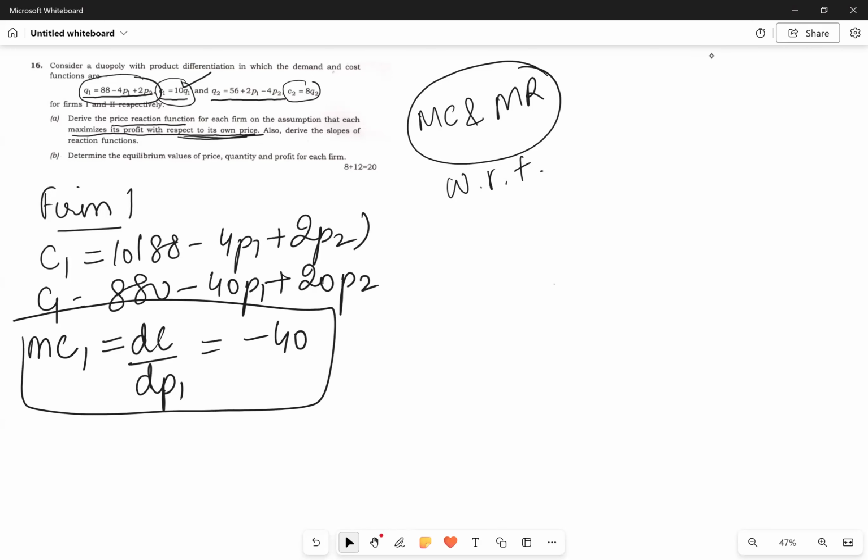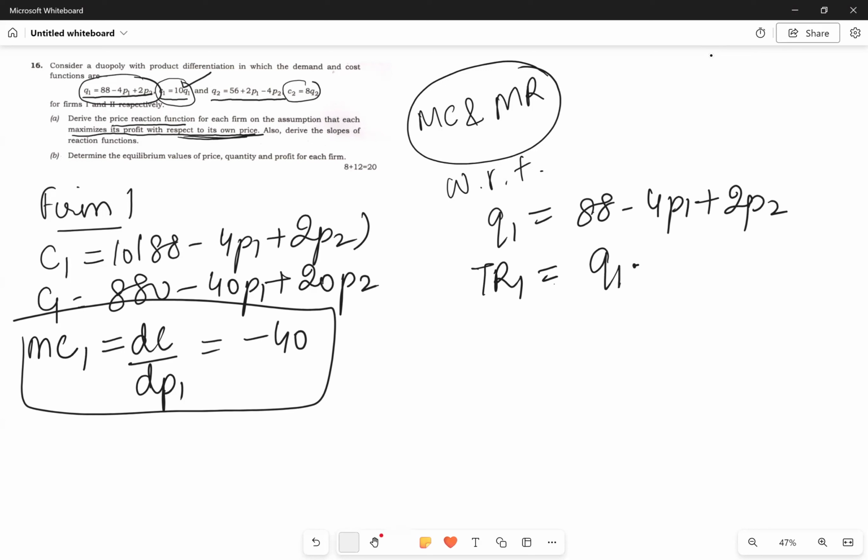On the other hand, we are given Q1 is equal to 88 minus 4P1 plus 2P2. Now we have to find total revenue for firm 1. That will be equal to Q1 into P1, so this will ultimately turn out to be 88P1 minus 4P1 square plus 2P1P2.